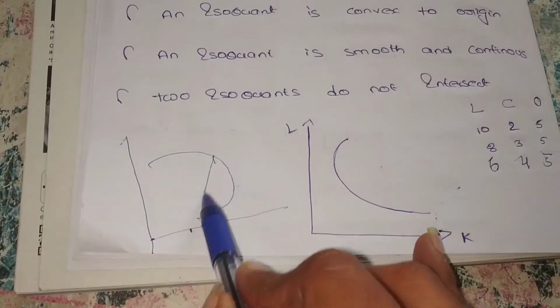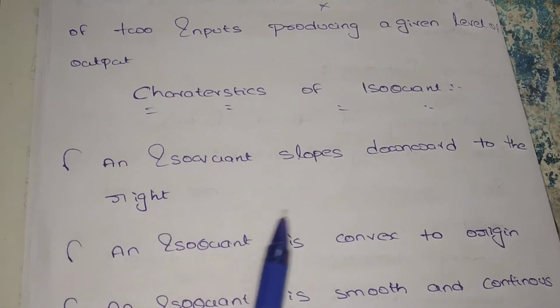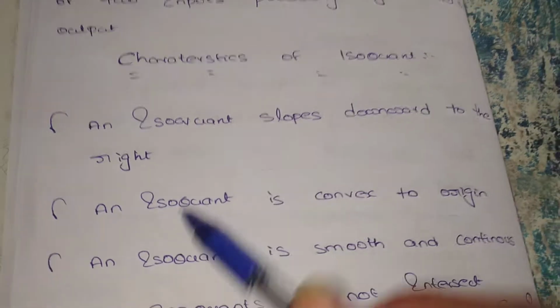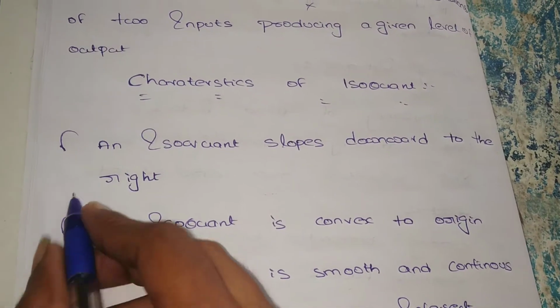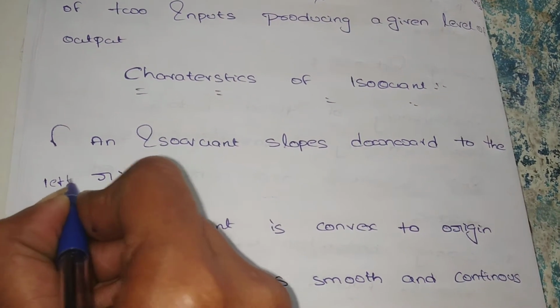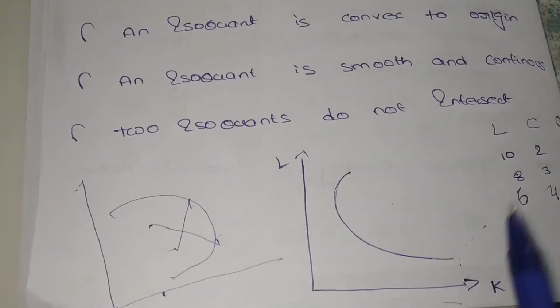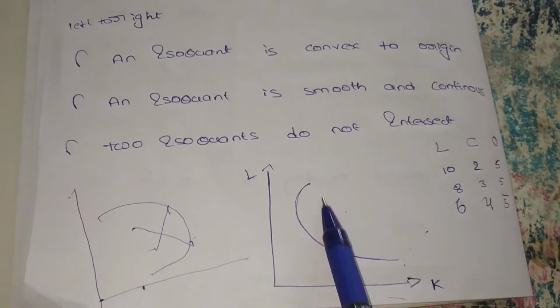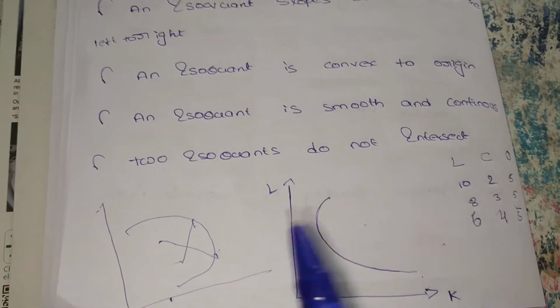It is a convex shape. It is not concave like the indifference curve. So an isoquant slopes downwards from left to right, and an isoquant is convex to the origin. This shape you can say is convex to the origin.